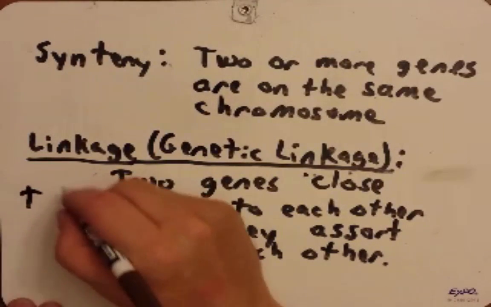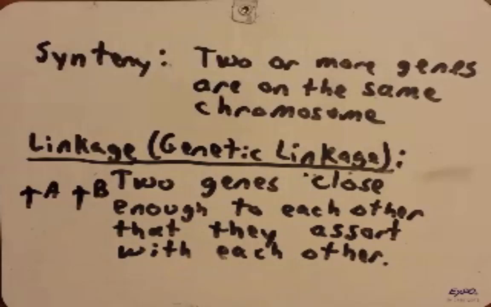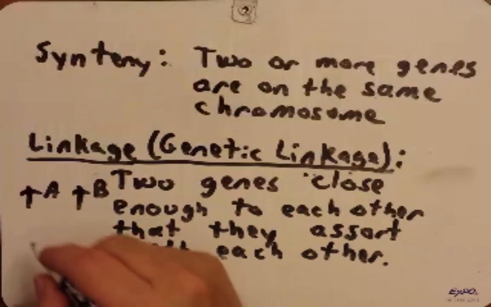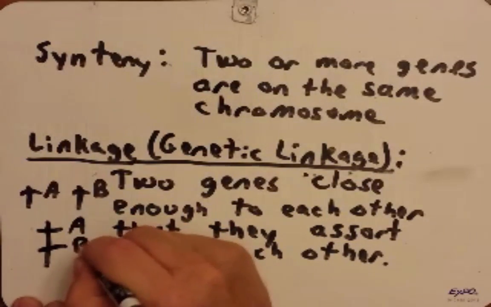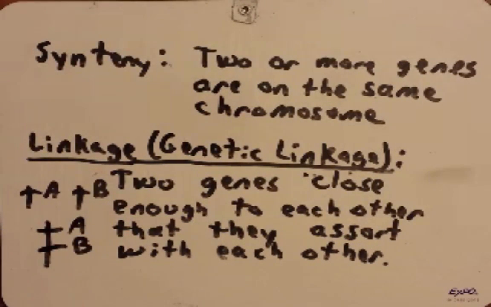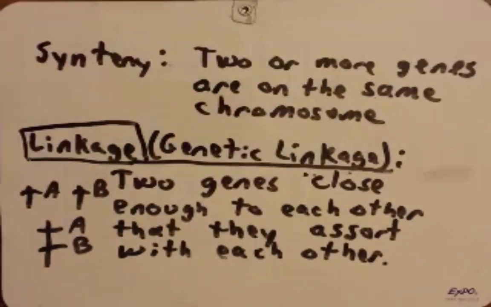So if genes A and B are on separate chromosomes, they're going to assort independent of each other. But if genes A and B are on the same chromosome, close enough to each other, they're always going to assort with each other. They are not going to independently assort. If gene A goes into a gamete, one gamete, gene B will always go into the same gamete because they're connected with each other, or they're linked with each other.